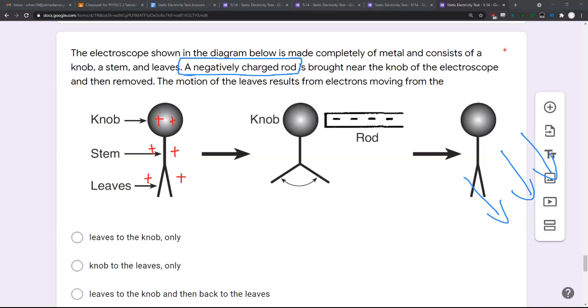So let me just draw this. The electroscope is originally neutral throughout. But then you bring a negatively charged rod near the electroscope, and the protons aren't going to move, right? Protons stay still.